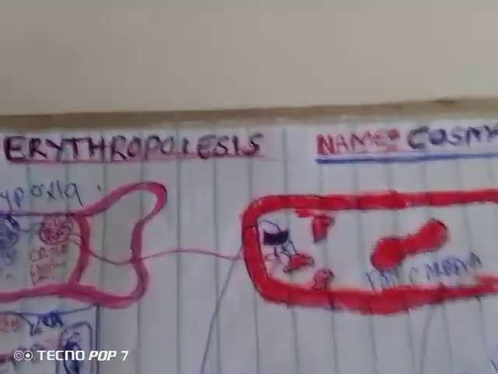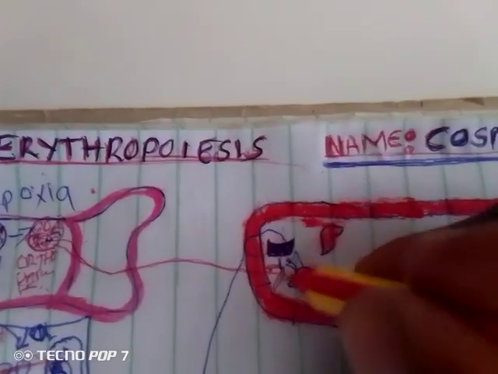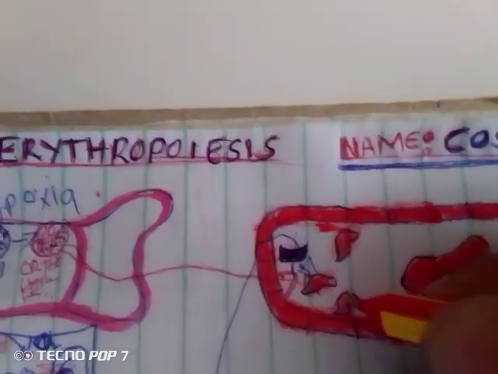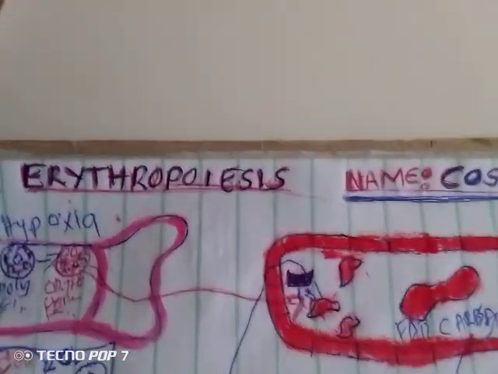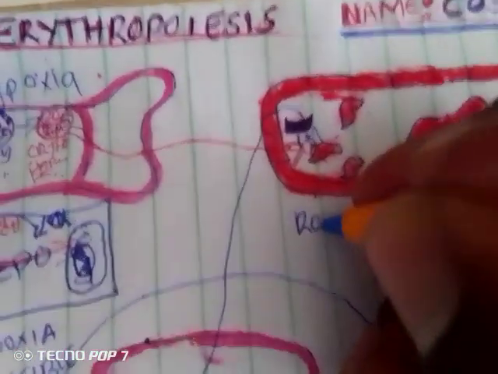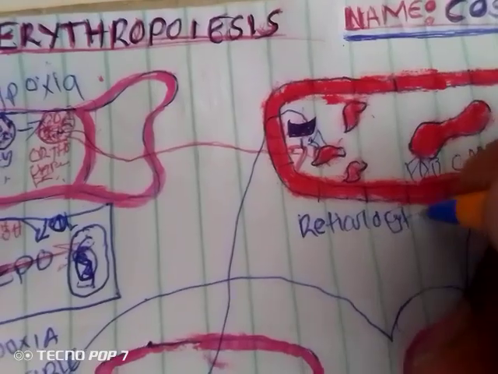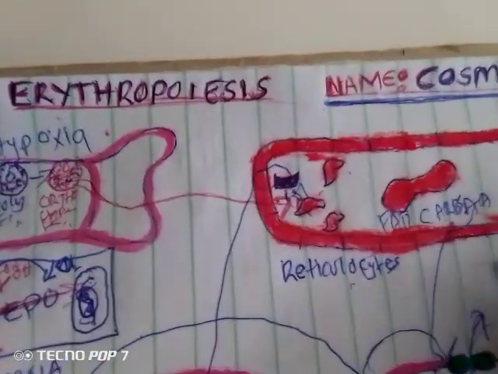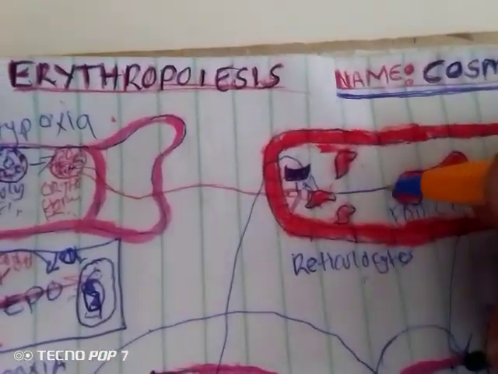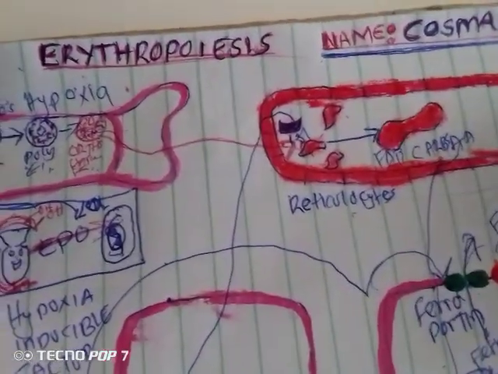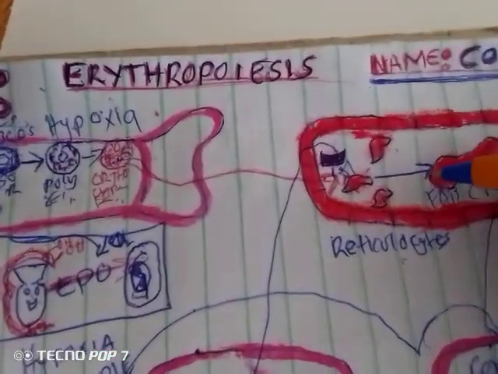Here, they develop into reticulocytes. These are reticulocytes. Now after that, they develop into red blood cells. It's complete.